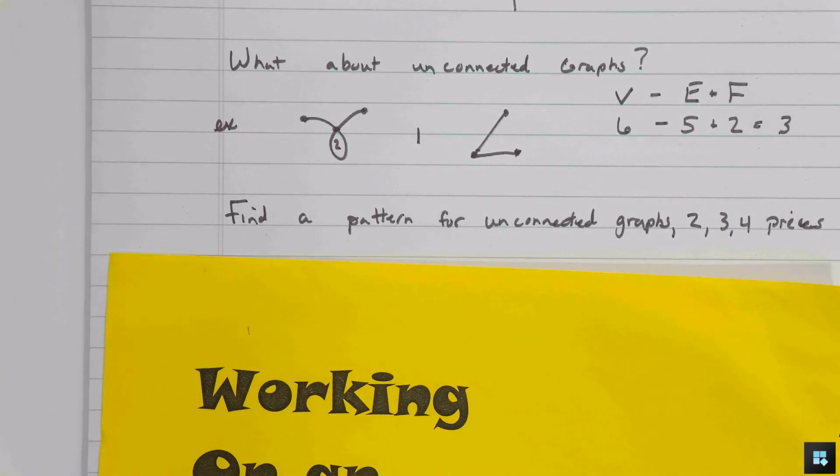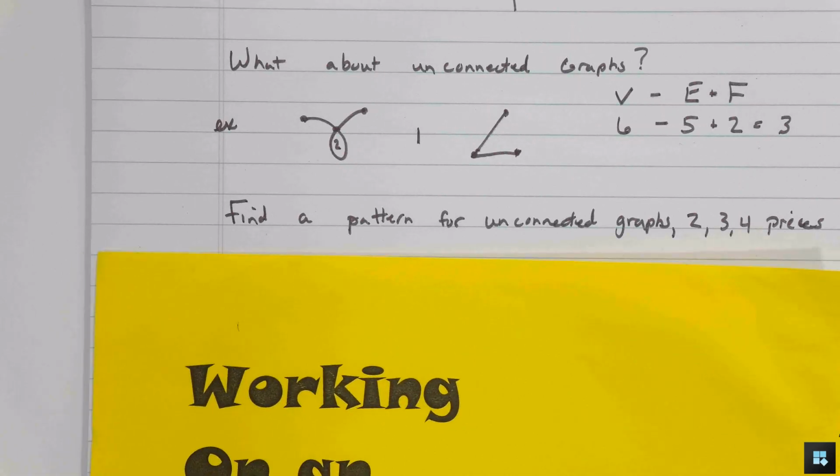You can work with the people around you if you like. Just go ahead and draw 2 pieces, or if you want to go right to 3 pieces. And yeah. Don't make them too complicated unless you want to keep counting them.